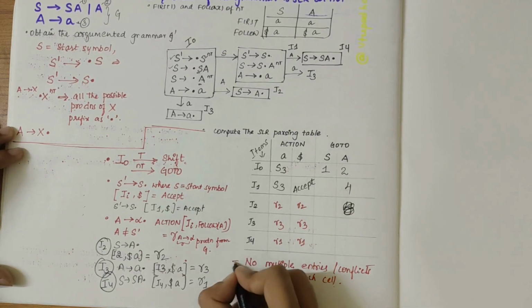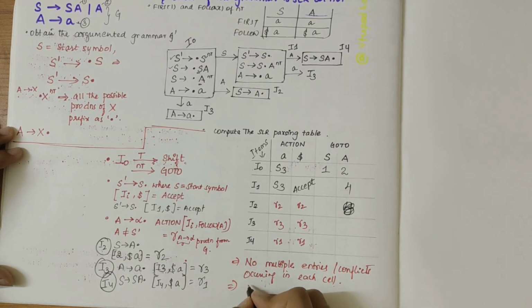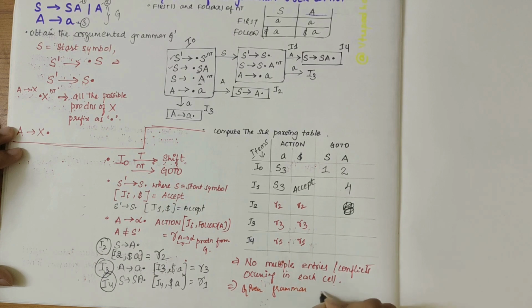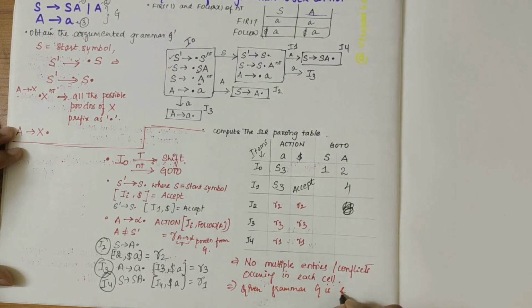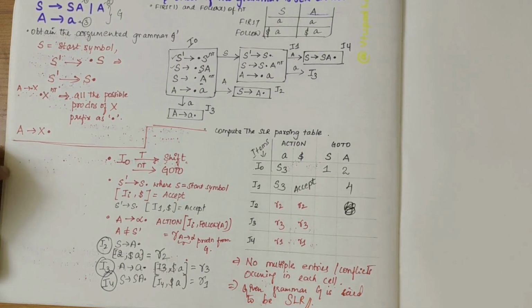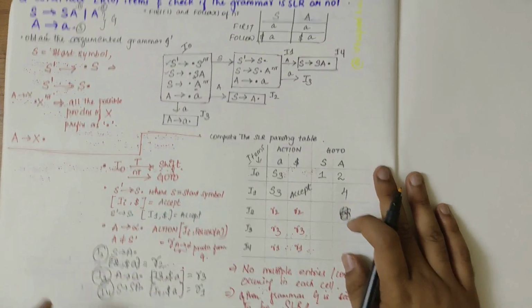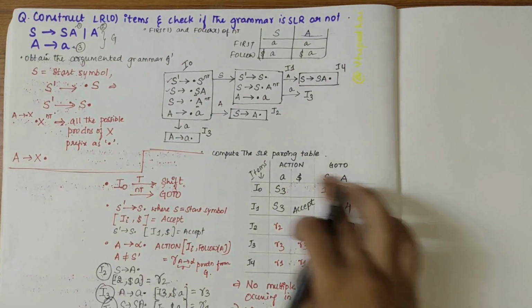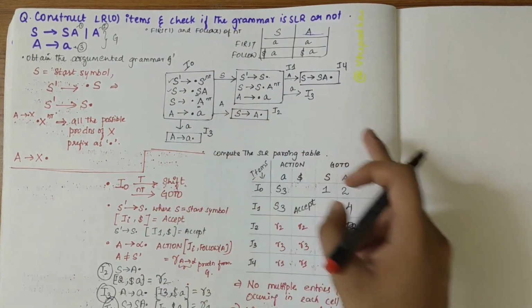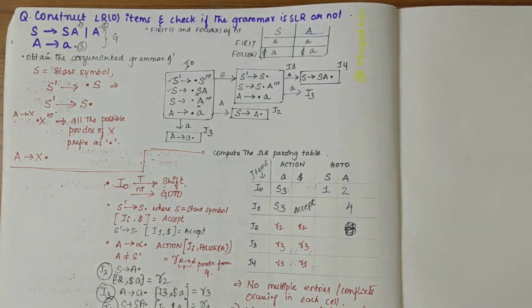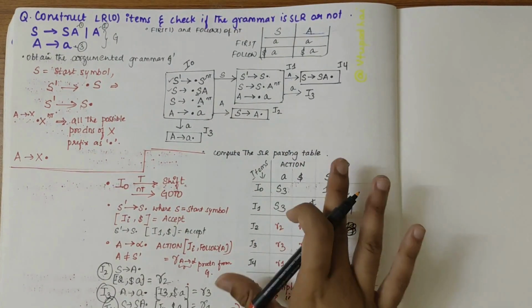In that case, I can say that the given grammar G is said to be SLR. So I hope you have understood how to compute the LR0 items and check if the grammar is SLR or not by constructing the SLR parsing table.